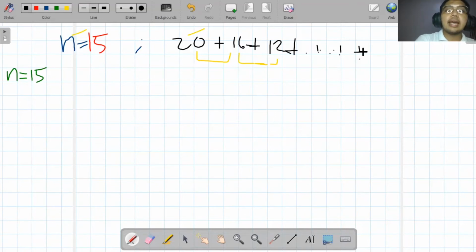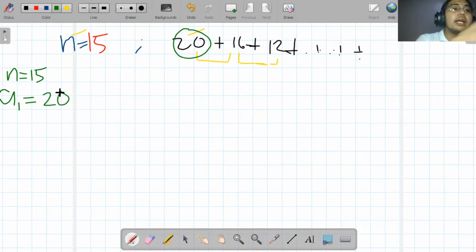So, we have n. Then, you need a sub 1. The first term, obviously, is 20. Then, you also need the common difference. So, for the common difference, we subtract 12 minus 16.